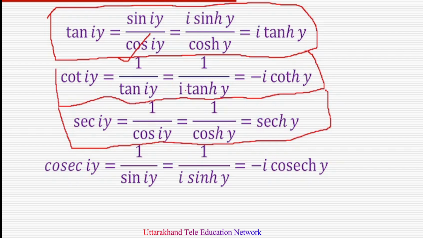The last, cosec iota y is equal to 1 upon sin iota y, and we know sin iota y is iota hyperbolic sin y, and again 1 upon iota is minus iota, so it is minus iota cosec hyperbolic y. So these are the 6.